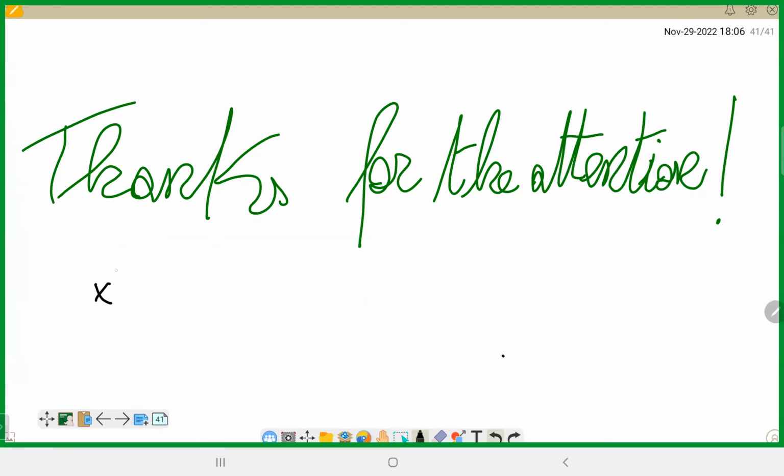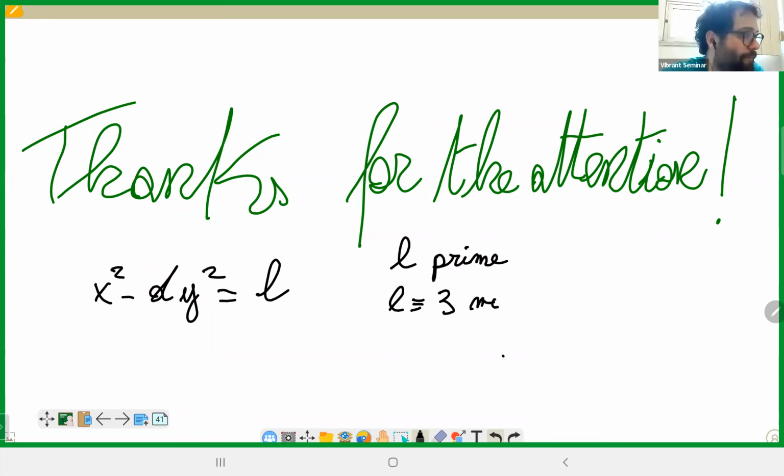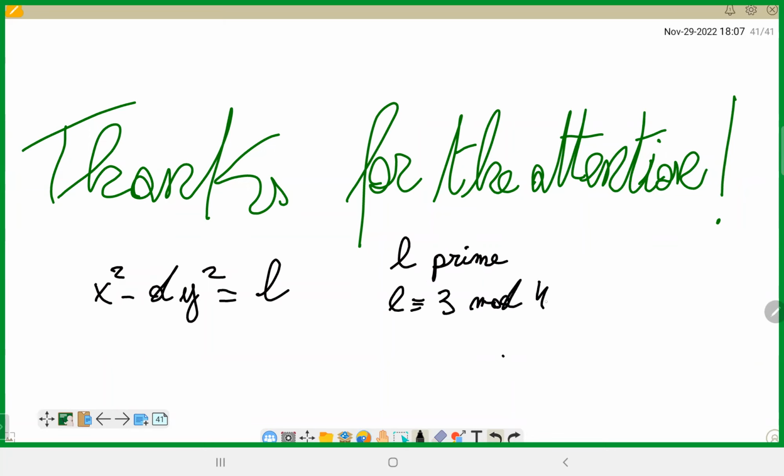And so if, let's say L is a prime, just to make it slightly simpler. And if L is a prime and it's 3 modulo 4, we have a preprint where we computed the analog of this. Okay. And for 1 modulo 4, at the moment, we have no idea how to do.